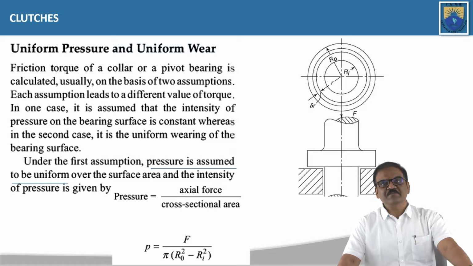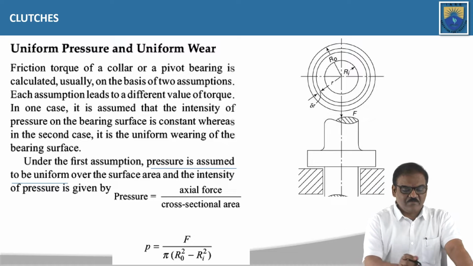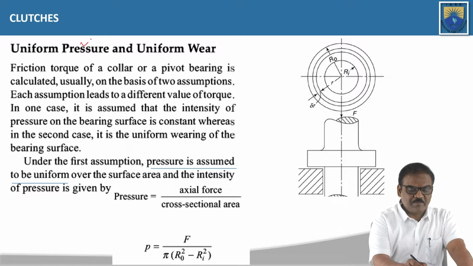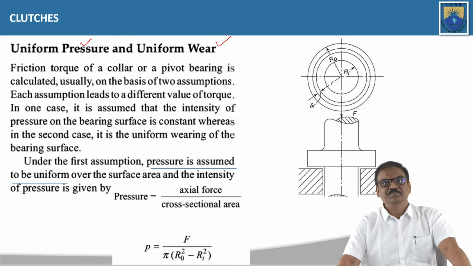While we derive the clutches or bearings, what is the frictional torque that is to be deduced? For finding the frictional torque, there are two theories available: one is the uniform pressure theory, the other is the uniform wear theory.